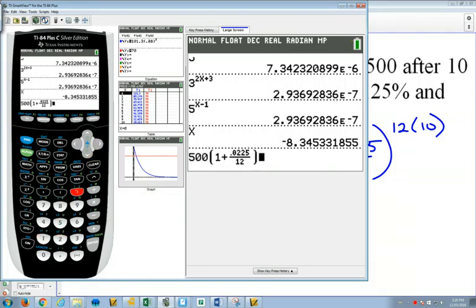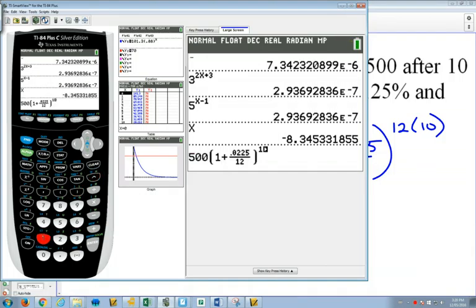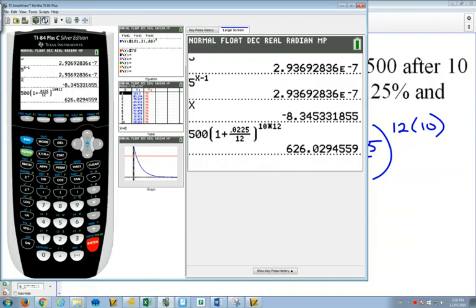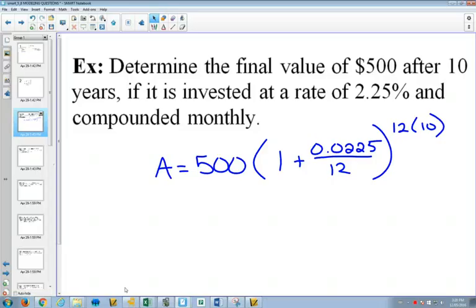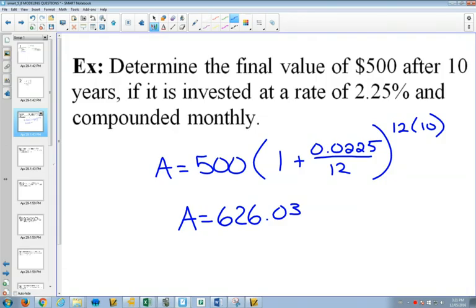And make sure you're doing this on your calculator as well to see if you get the same answer. $626.03. It's important that you try it on your own calculator, because if you can't write the fractions, you have to know how to use the brackets on your calculator to get that value. And if you're not getting that value, then I can help you figure out where those mistakes are being made.